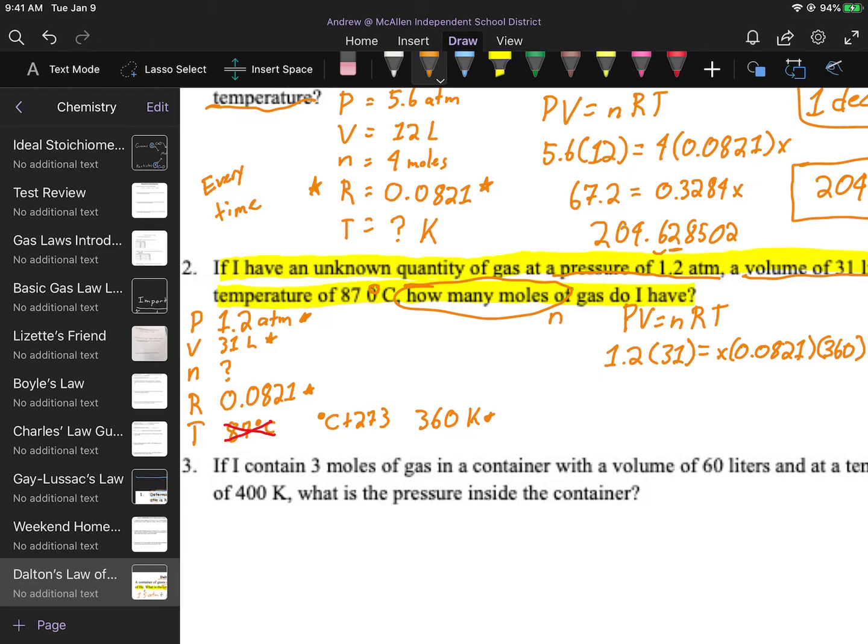Always use Kelvin. Now, we just multiply. 1.2 times 31 is 37.2. And then we get 360 times ideal gas constant gives us 29.556x. Now we're going to divide both sides by 29.556. And that gives us 1.3.